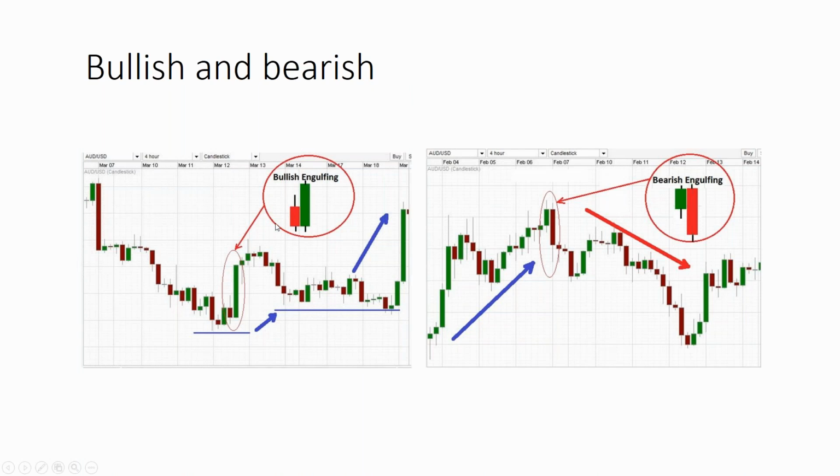And what the bullish engulfing does is the whole body, the next body is larger than the previous body in the opposite color, but the entire previous move is engulfed within the size of the next candle. So that's telling you the bears lost control of the market and the bulls took control. In a bearish engulfing, you have just the opposite. And what that's telling you is that trend is now ending.